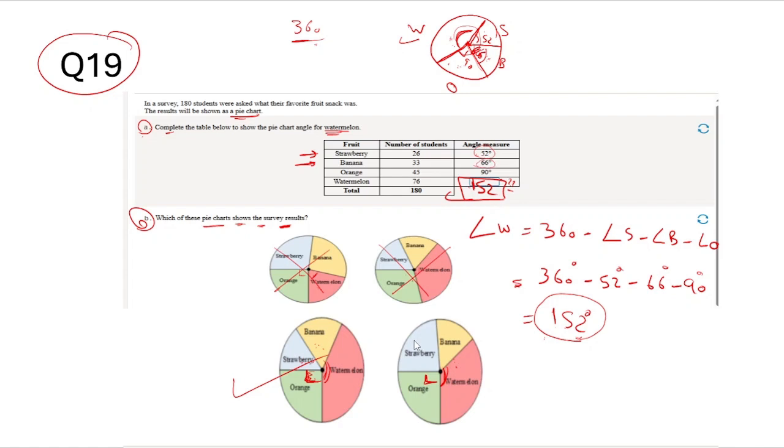That means the angle of the banana is bigger than the angle of the strawberry, but here the angle of the banana shows that it's less than the angle of the strawberry. That means this pie chart is wrong. So this is the right answer. Okay, so let's move to question number 20.